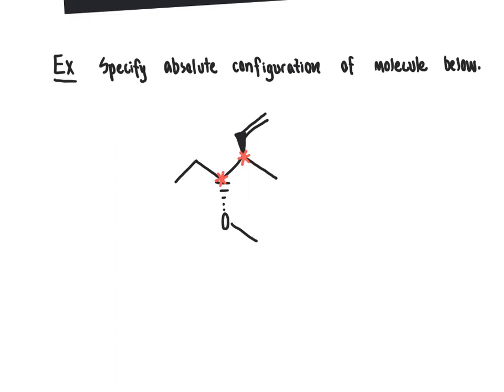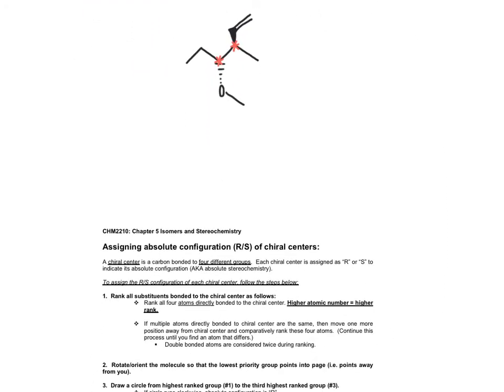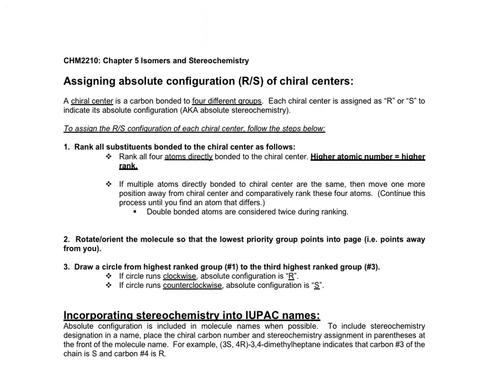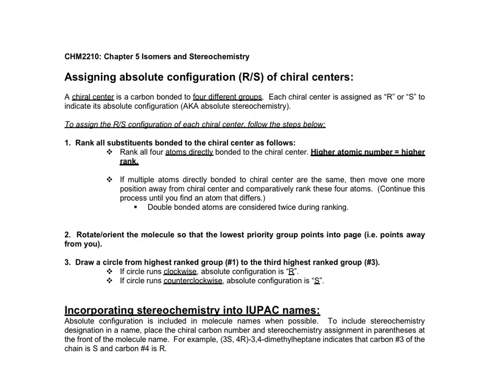So let's start with the chiral carbon on the right-hand side here. To assign it as R or S, we're going to use those criteria that we went through in detail in our last segment. We're going to start by ranking the 4 groups that are bonded to the chiral carbon.